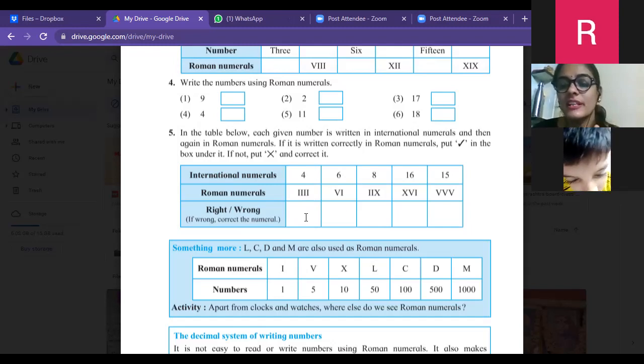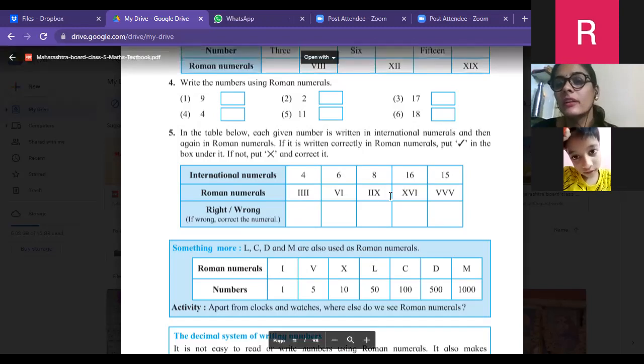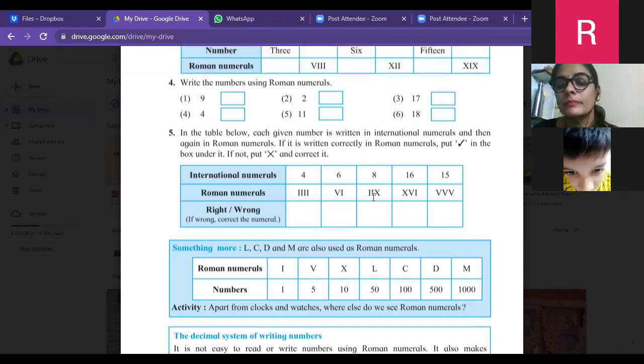Then the 6th, is it written correct? Yes, teacher. Okay. Then next is what? 8. 8 हम ऐसे लिखते हैं. No, teacher. Wrong. Then 16.